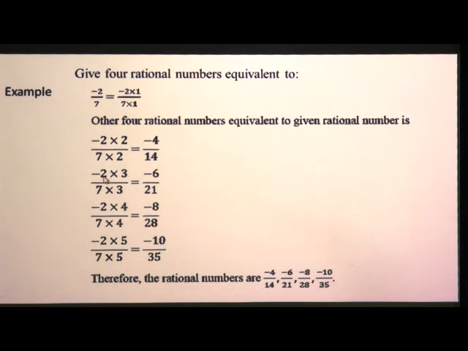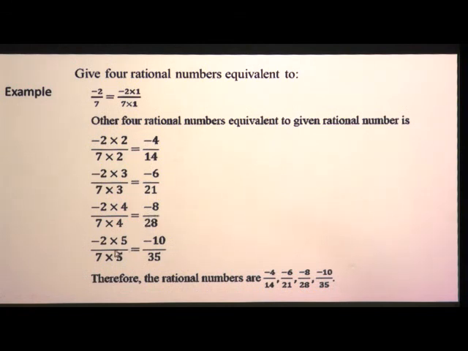The same rational number, minus 2 upon 7, we multiply by 3 in the numerator and 3 in the denominator. So, the product is minus 6 upon 21. After multiplying by 3, we multiply by 4. So, the product will be minus 8 upon 28.